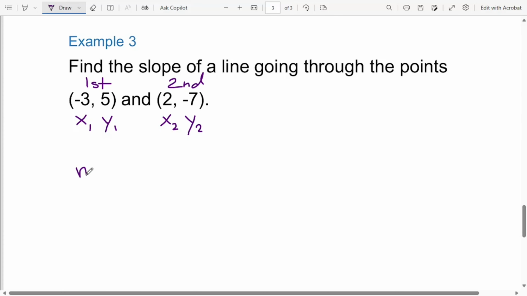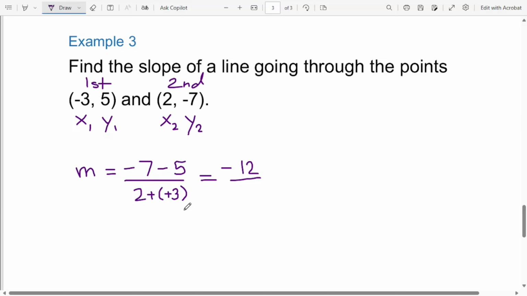Okay, so I'm going to say the slope m is equal to -7 minus 5 all over 2 minus -3. So -7 minus 5 is -12. So we have -12 over 2 minus a -3 is like 2 plus a +3.